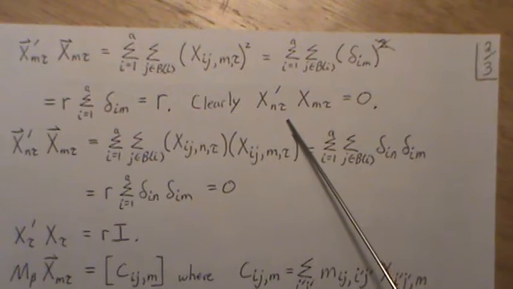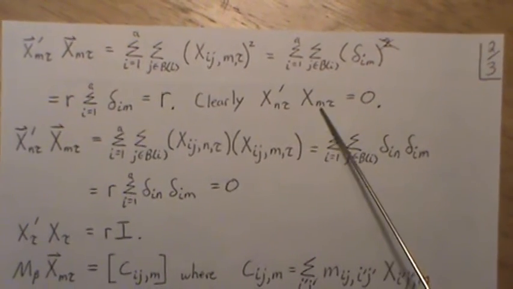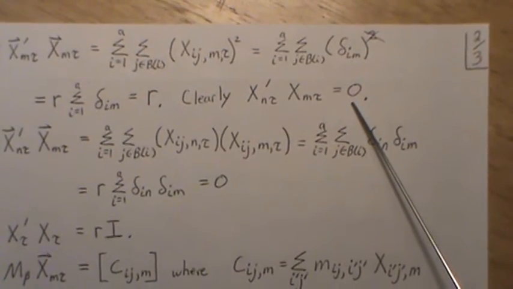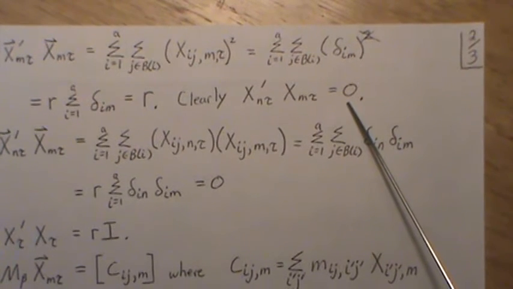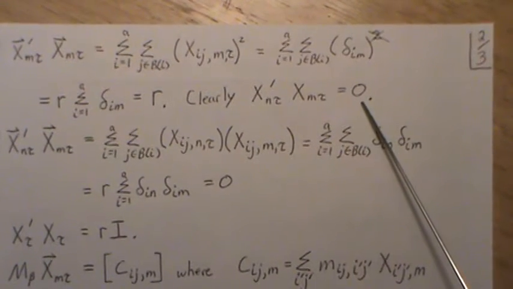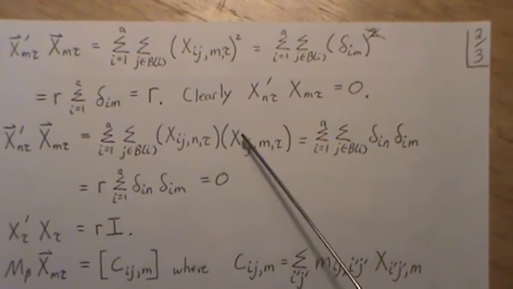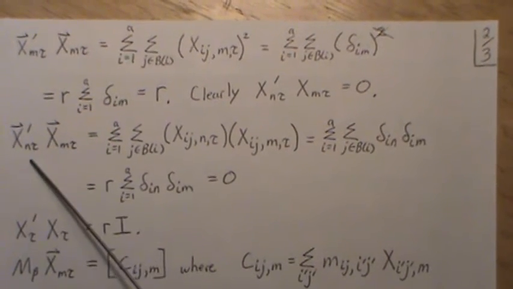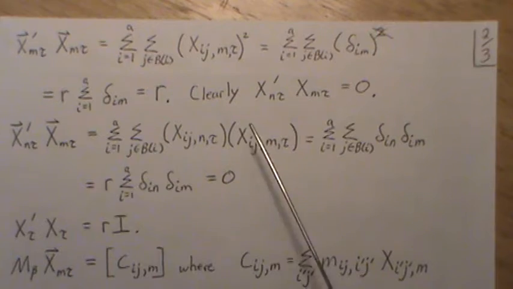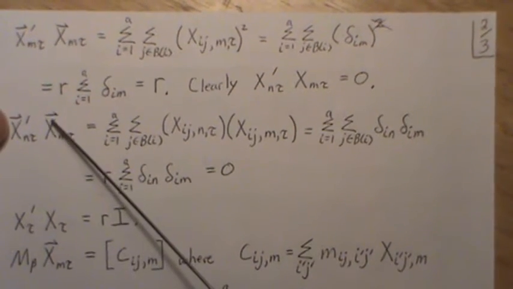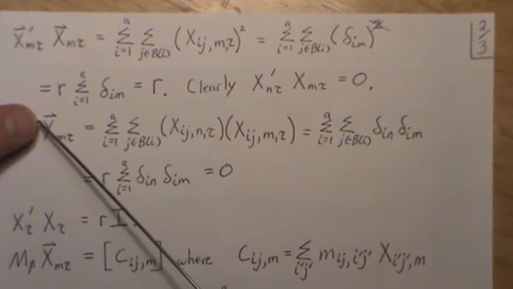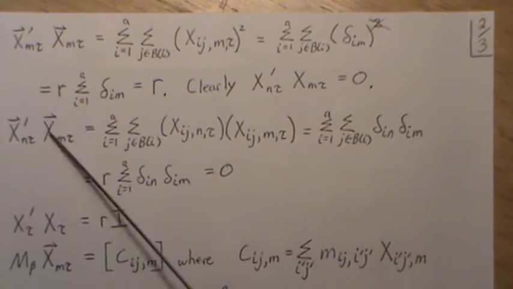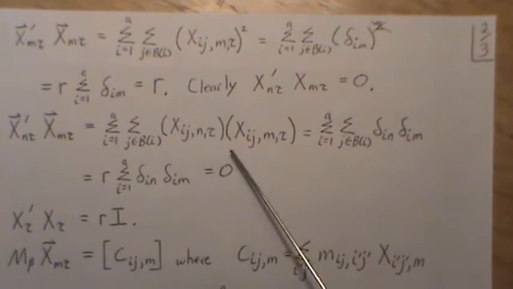Now I'm going to say clearly when the columns are different and you do this cross product, it's 0. And this is one of those really dull moments. Once you write it out and go through it, it's so simple, it's 0. But let's prove it in this thicker notation. So let's do the cross product of 2 columns in X tau, the nth column and the mth column. When we multiply this, remember the first component and first component are multiplied together, and then it's added to the second and the second, and the third and the third. But remember, to go down this vector, we're using the double indices. So that's why there's 2 indices.